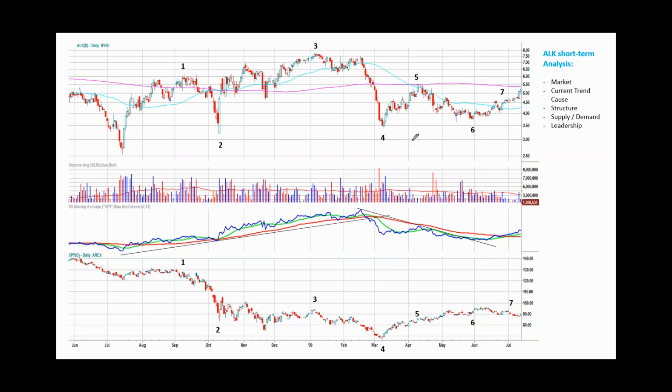The second thought is, as we're looking for the structure where we have, let's say, a spring and then the test at the higher low, we want to conclude the upswing first, and then we want to see a downswing into the test.